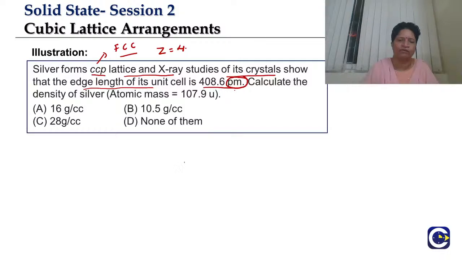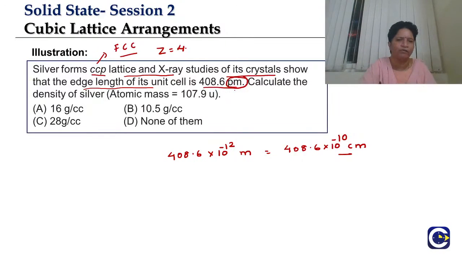You will have to convert into centimeters. 408.6 into 10 power minus 12 meters is equal to 408.6 into 10 power minus 10 centimeters. Generally they give you picometers, angstroms or nanometers. You will have to see based on what options are given. If it is given in cc, you will convert them into centimeters.